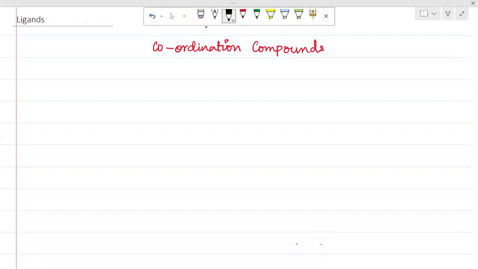Let's start. I'm going to start off with certain sets of coordination compounds. Chapter heading: coordination compounds. Just observe, you can write it along also. Example one: [Co(NH3)3Cl3]. This is a coordination compound.